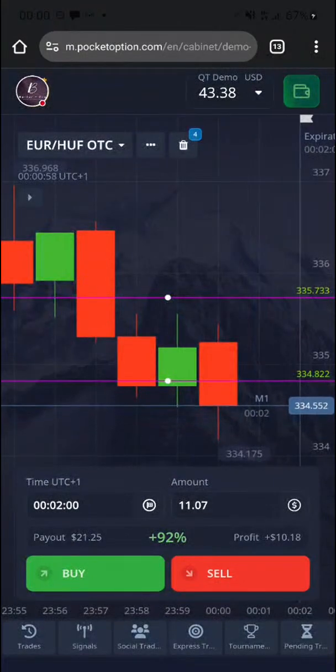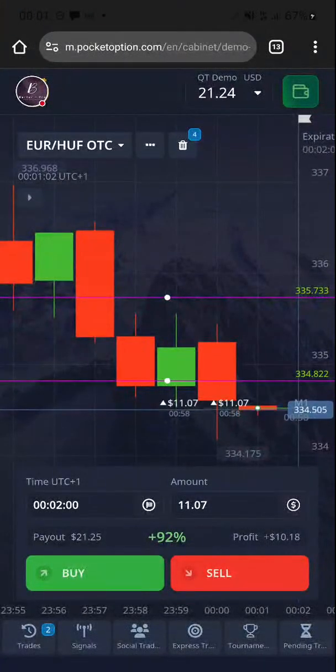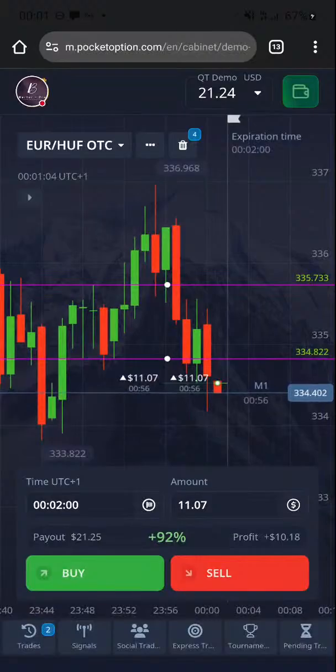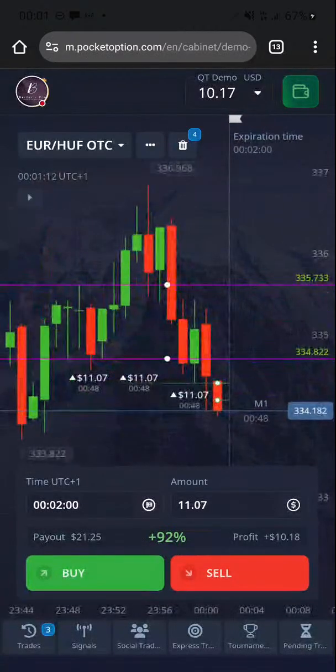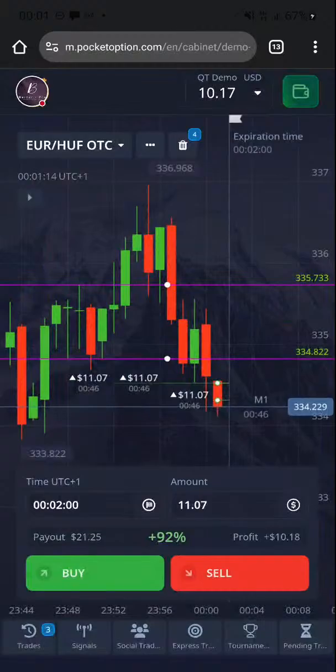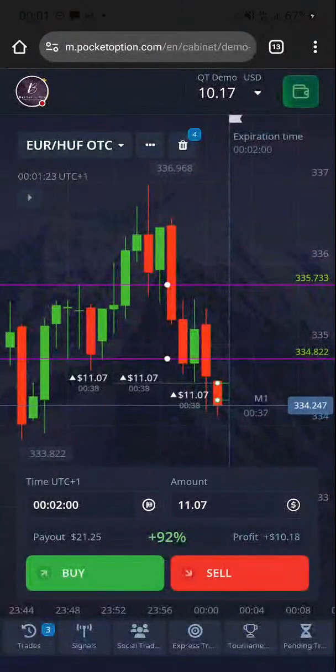I'm going with the buyers again. Can we have gap down? Yes, thank you. Fine, let me take one more. Let's take one more here. I'm expecting that green candle. As I was saying, when you have a trade like breaking a double doji like this, you should expect an opposite candle.